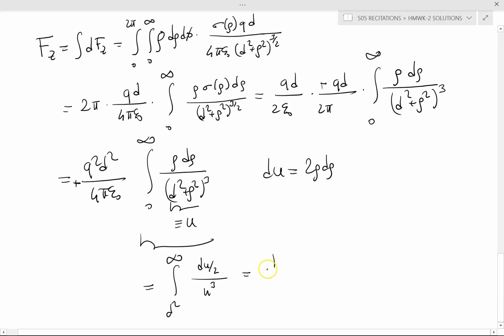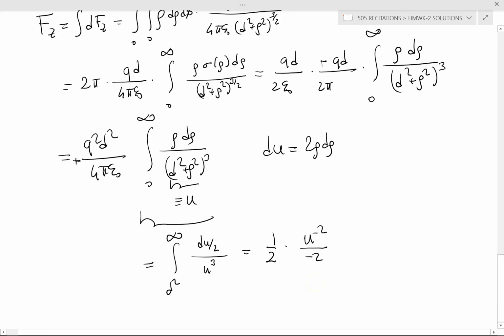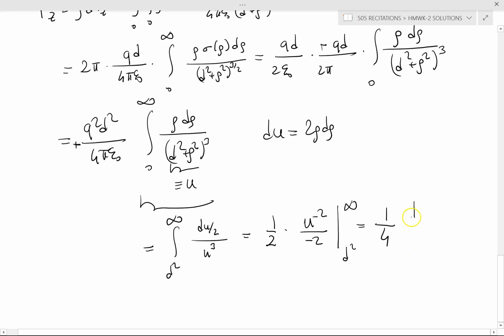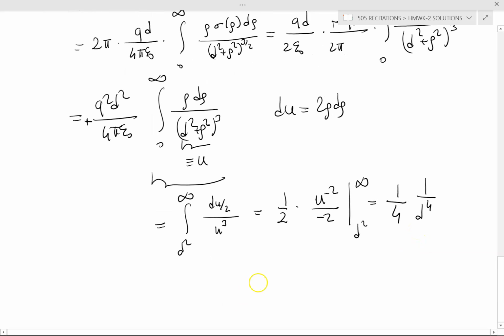Which means that it is equal to 1 over 2 divided by minus 2, evaluated from d² to infinity, which is 1 over 4d⁴.